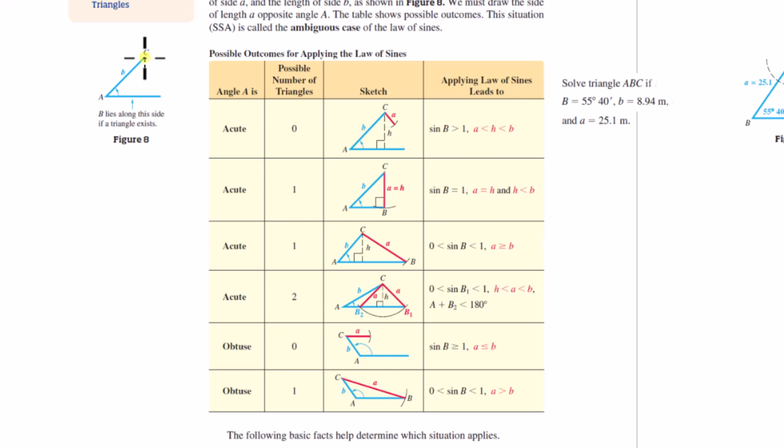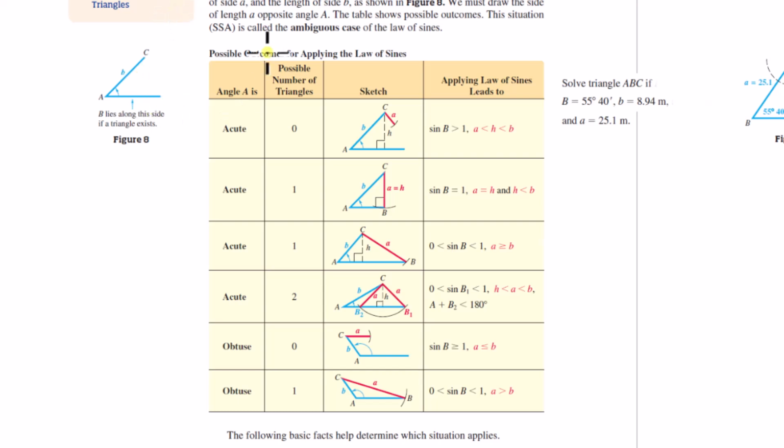But it can pivot because this angle C we didn't specify, and also this angle over here, what they're calling angle B, that's going to depend on the final triangle. We didn't specify that either, right? So the only parameters that are fixed are this angle, the length of this line, and the length of this line. But these are free to vary: angle C, this length, and this angle.